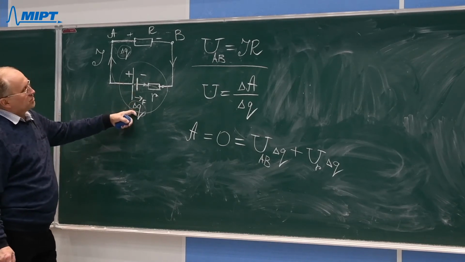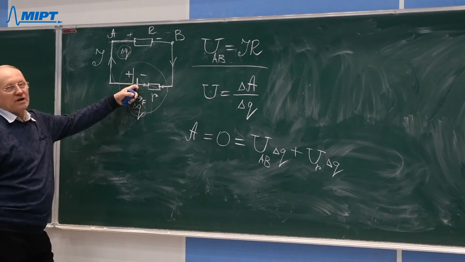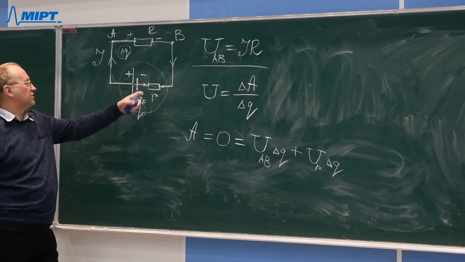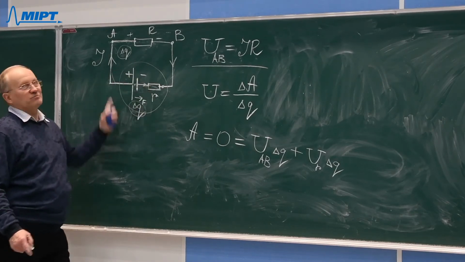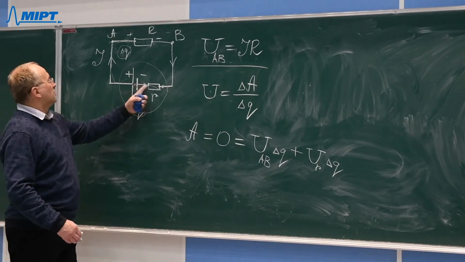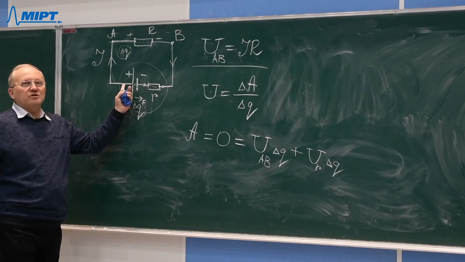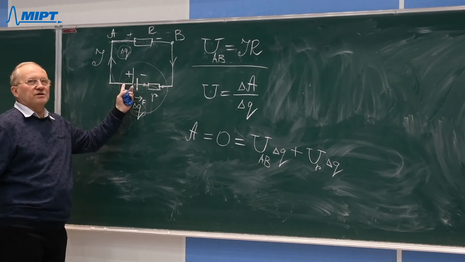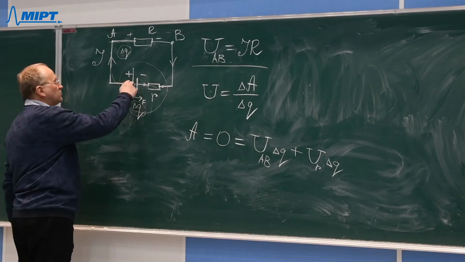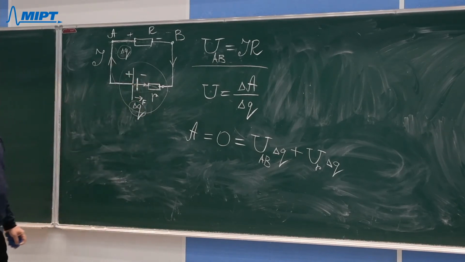Or this additional work and energy may be taken from the energy of photons, of light quanta which are absorbed here, if this is a sun battery, for example. So in different sources of voltage, there is always some external energy which is absorbed here and which should be conveyed in order to generate electrical current.